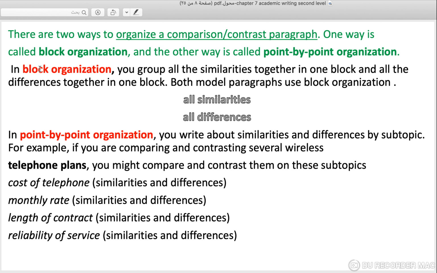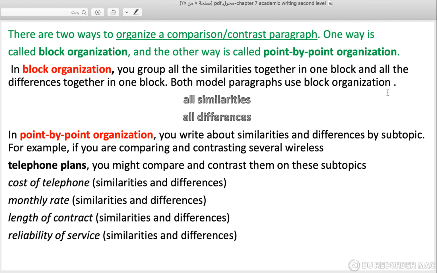In block organization you group all the similarities together in one block and all the differences together in one block. Both model paragraphs use block organization, all similarities and all differences. So the first type is block organization, where we combine all the differences and all the similarities in a paragraph.